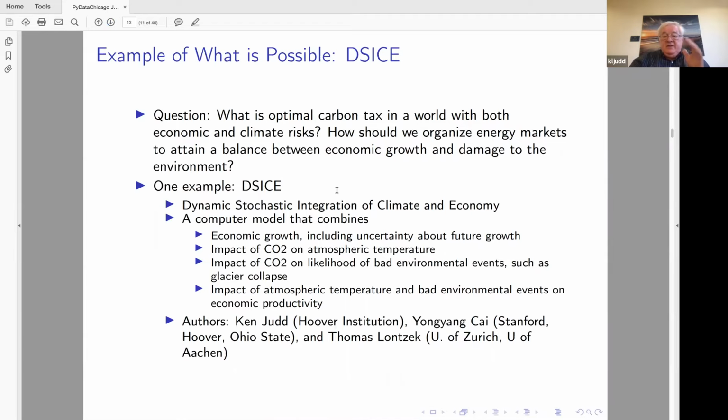And so what we did is we wanted to look at what is the optimal carbon tax in the world, but where there's riskiness, there's uncertainty. We don't know where the economy is going to be over the next 100 years. We don't know where it's going to be tomorrow. There's a lot of uncertainty in the economy that has nothing to do with the climate, nothing to do with anything except it's just very uncertain.